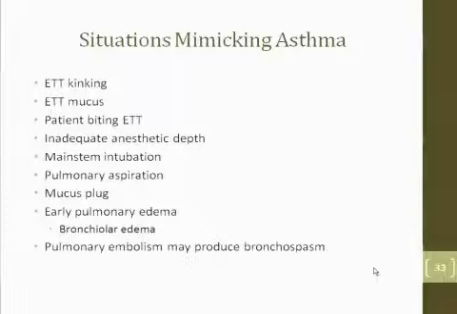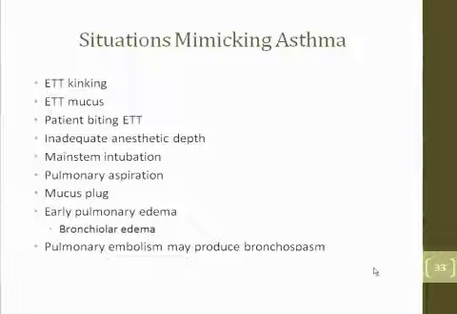Situations that mimic asthma can fool you, and this is always what you need to watch for. What I always do is I work from the patient back to the anesthesia machine. So you want to look if the person has any kind of kinking in the endotracheal tube or mucus. Patients biting the tube, which also can happen.